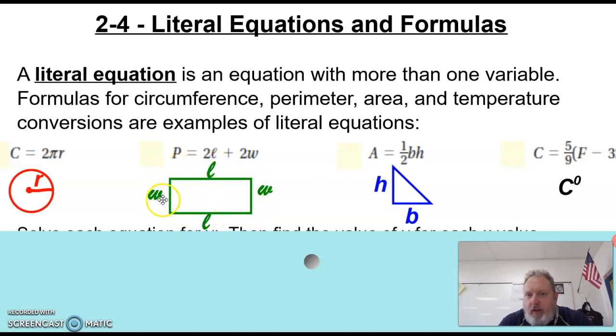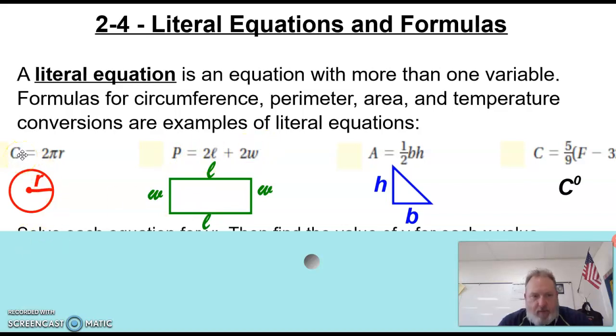You have 2 lengths, 2 widths. If you add them up, you have two of the lengths, 2 of the widths. So that's why we multiply by 2. And that will give you the total distance or perimeter around a rectangular object. So again, that's the perimeter, 2 times the length plus 2 times the width.